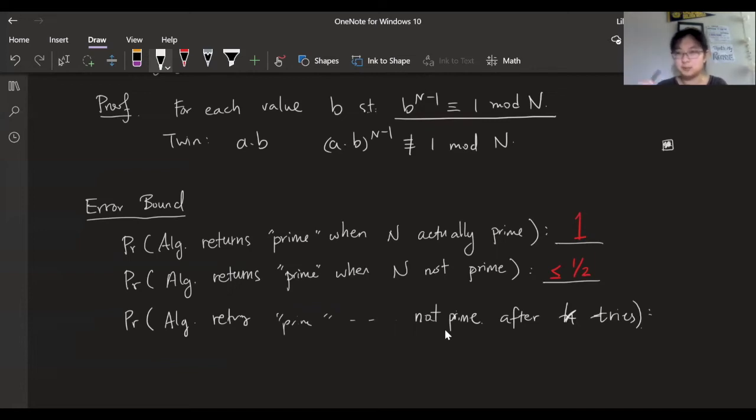If it succeeded even one time, if there's even one a that makes this return not prime, then it's not prime, right? If it returns not prime, then we're done. So what this means is you do this k times, and you're going to get smaller or equal to 1/2 to the k. And this is just a probability sort of case. You might have seen this in CS170. I don't know how to explain this better. I hope this makes some sense.